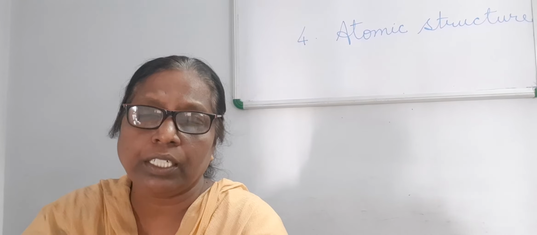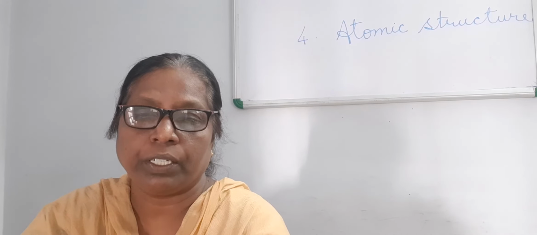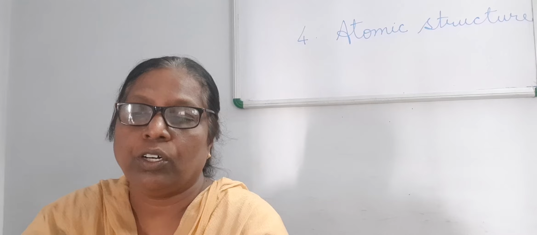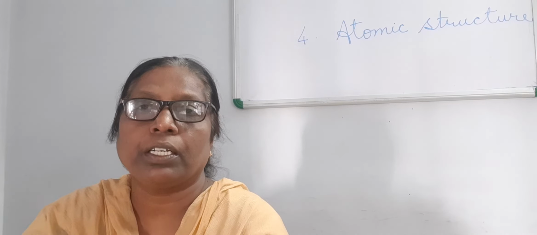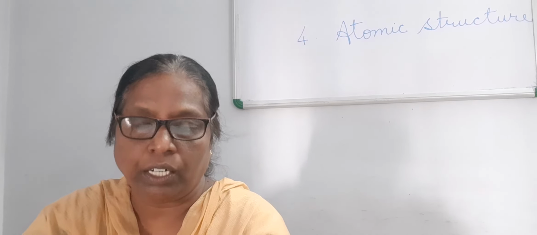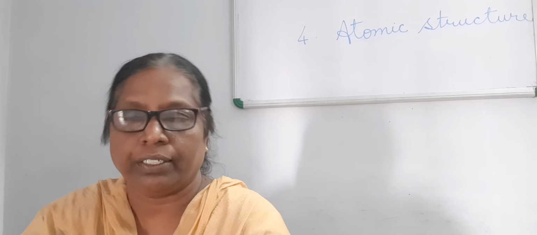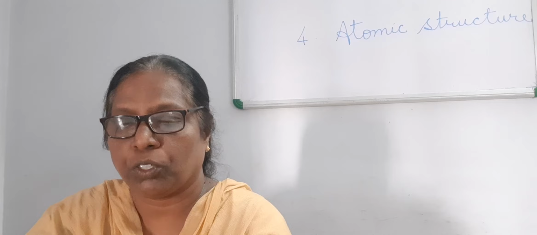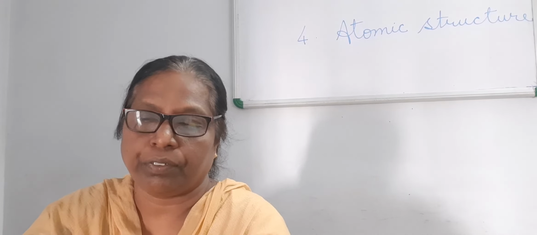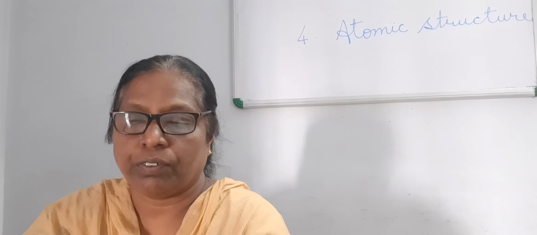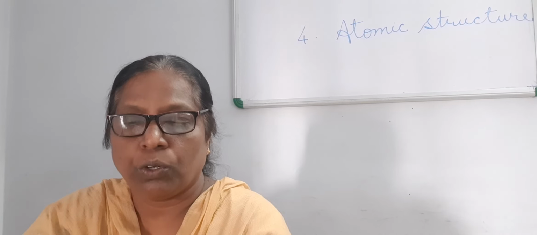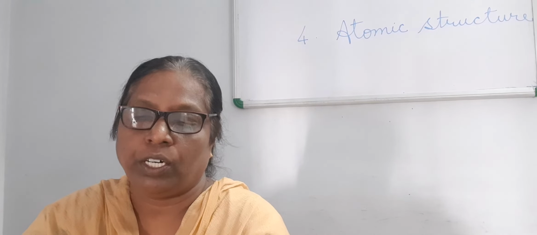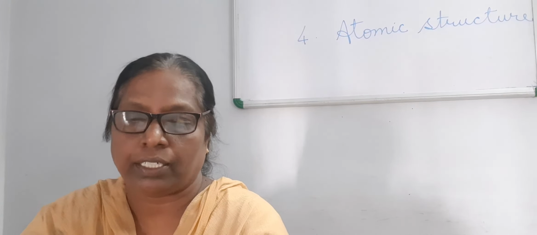So the stability of an atom is not explained by Rutherford's gold foil scattering model. First Thomson's model failed, now Rutherford's model failed, for different reasons. So here we'll stop, and Niels Bohr's model will be explained in the next class.